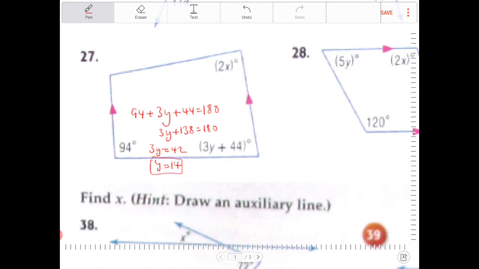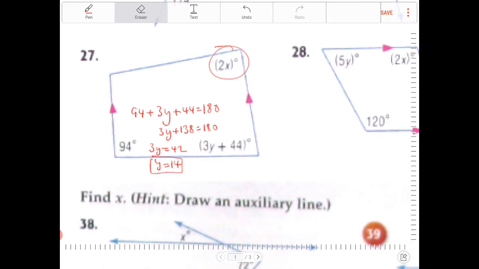Since y is equal to 14 and I'm asked to find out what that angle is, that is rather strange. I don't think there is enough information for us to figure this out because I'm not told any information about the angle over here.